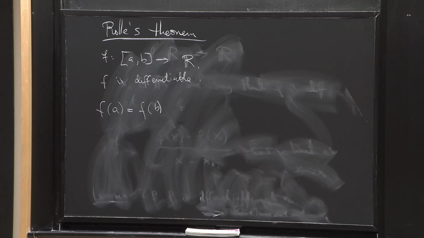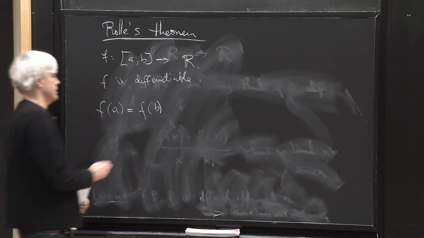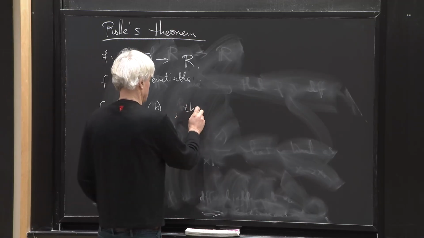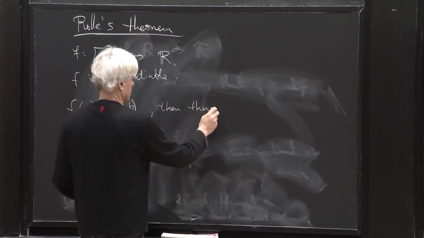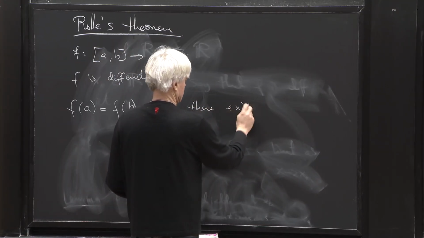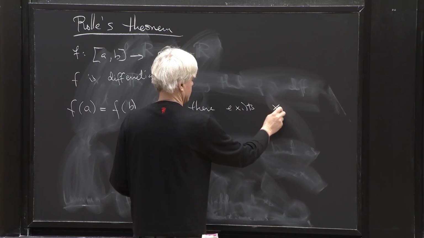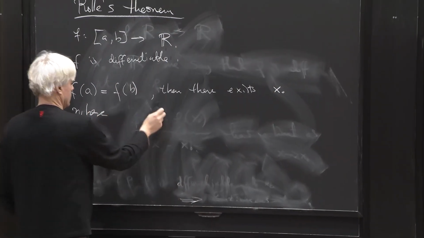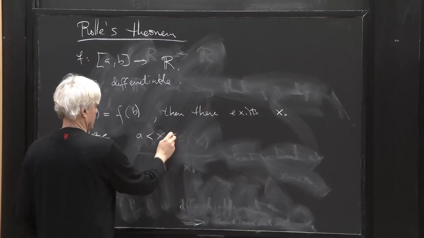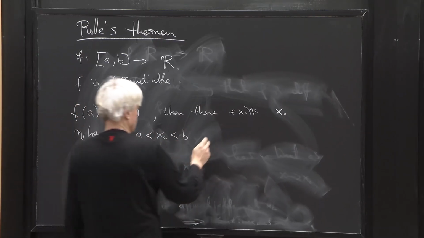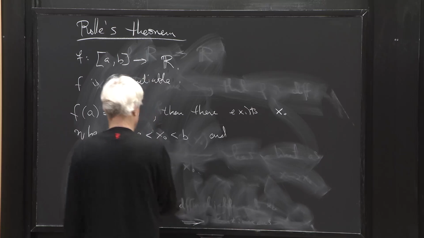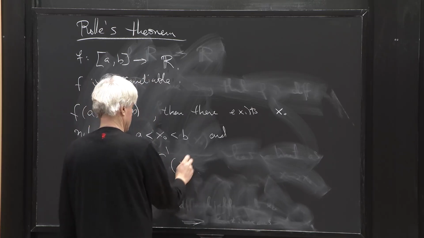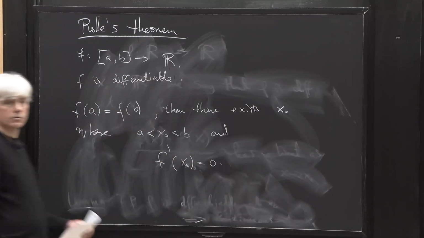Sometimes one sets those values equal to 0, but they just need to be the same. And then the claim is that there exists x0, where x0 is strictly between a and b, and the derivative at this x0 is equal to 0.